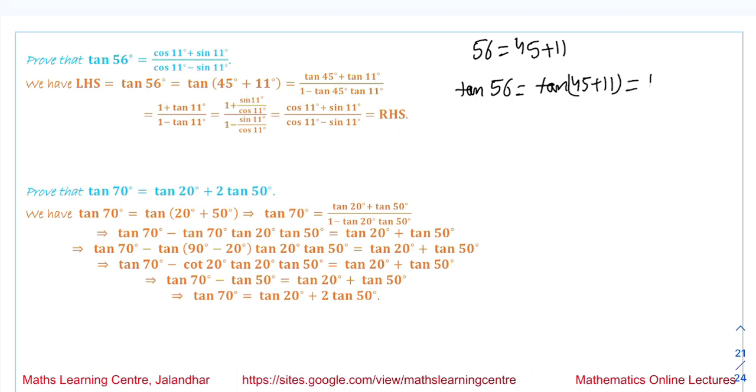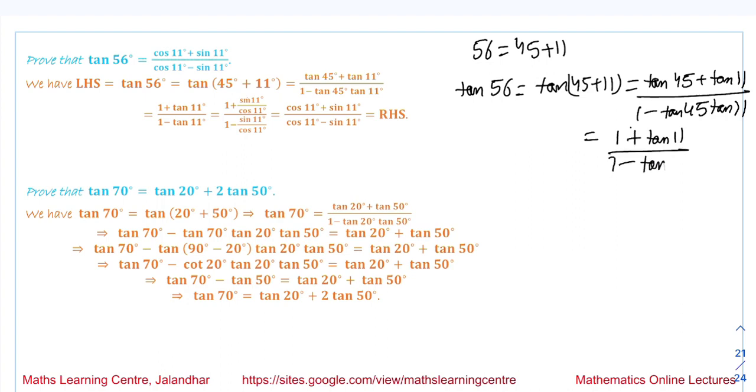This is tan of theta plus phi, that is equal to tan of 45 plus tan of 11 over 1 minus tan 45 into tan of 11, that is equal to 1 plus tan 11 over 1 minus tan 11.